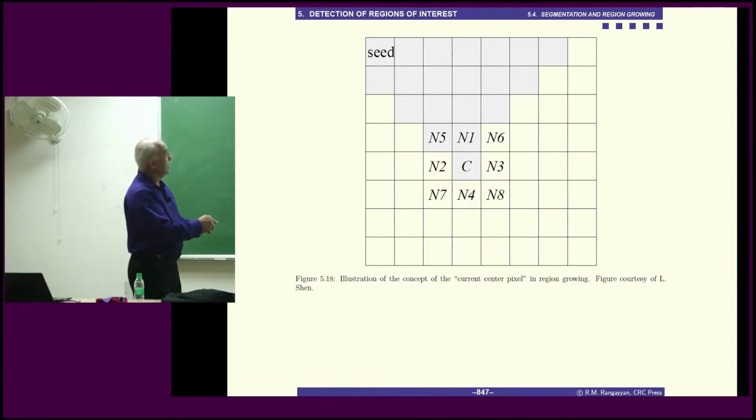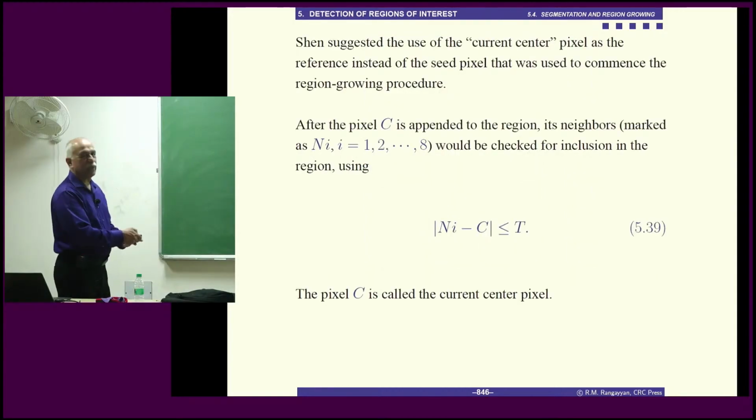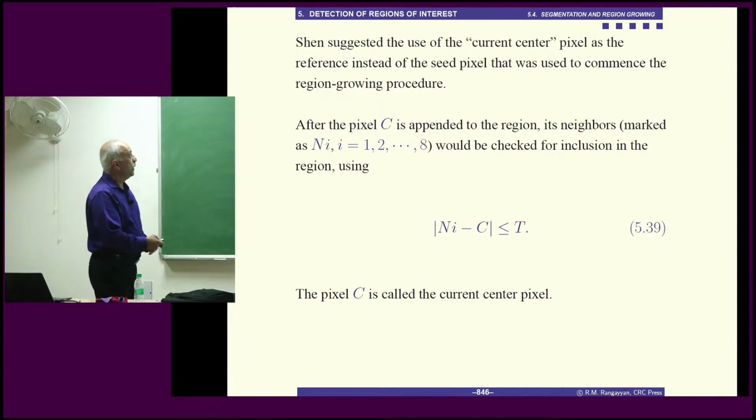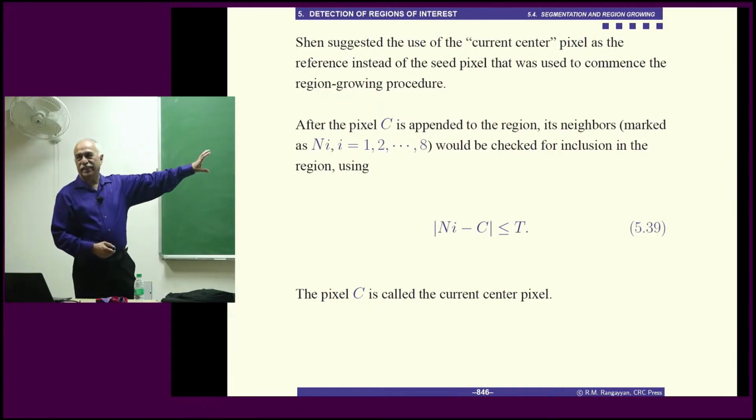So the center of this block is here, and instead of comparing these pixels with the seed, you say we compare here. That is another possibility. Ni minus C must be less than a threshold. So this is another possible criterion.